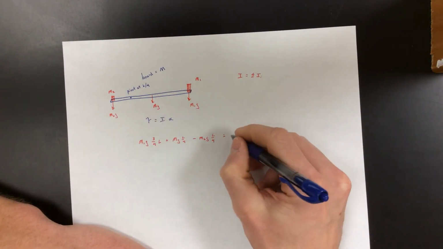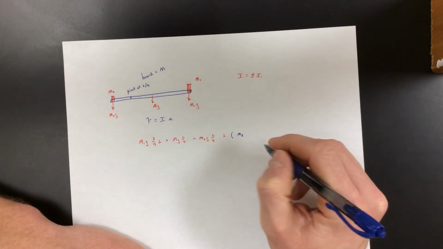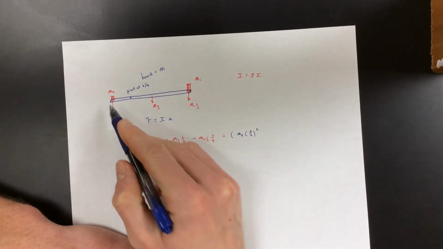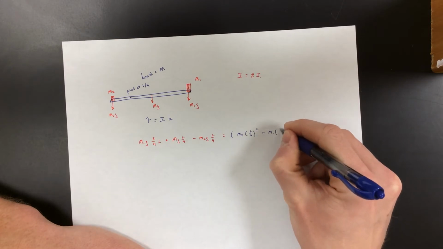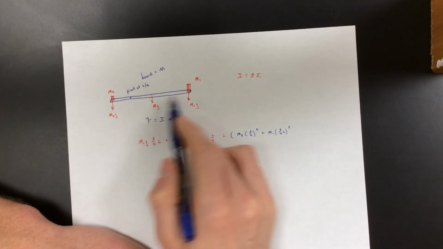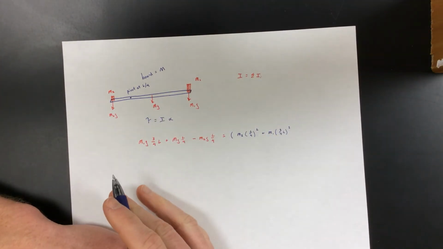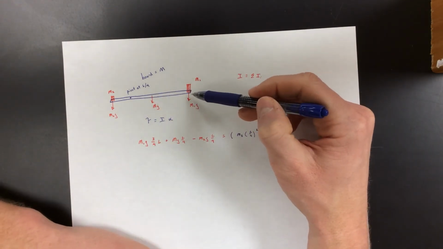This moment of inertia, what's a point particle? So it's m2 and then its distance squared, which is L/4 squared. That's that one. And then let's do m1, 3/4 L squared. So we have the 2 point particles, whether those are bricks or doesn't really matter what object they are. They're a point particle, which means we're considering all of the mass at a specific location.